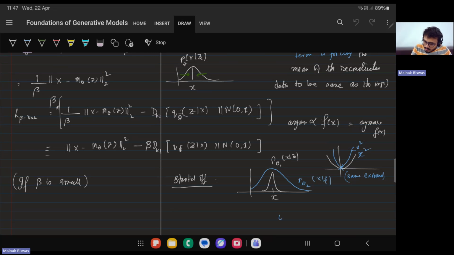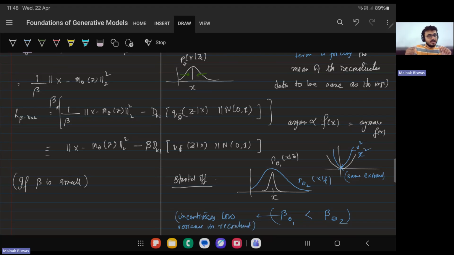So beta for theta 1 will clearly be less than beta for theta 2, because I want low variance. This incentivizes low variance in reconstruction.